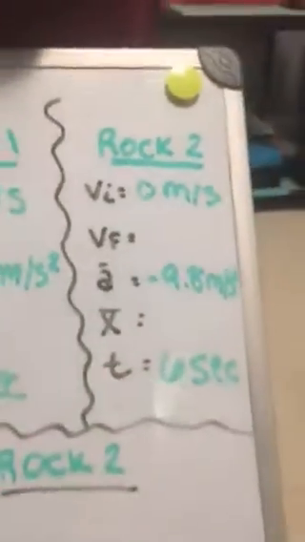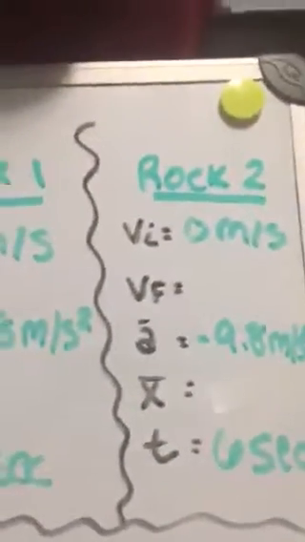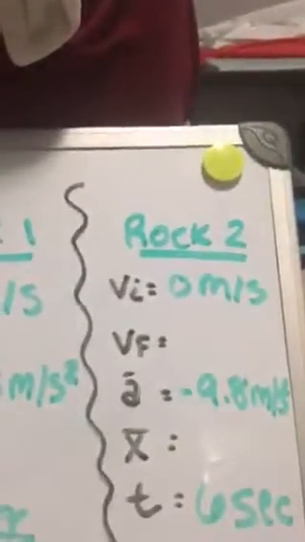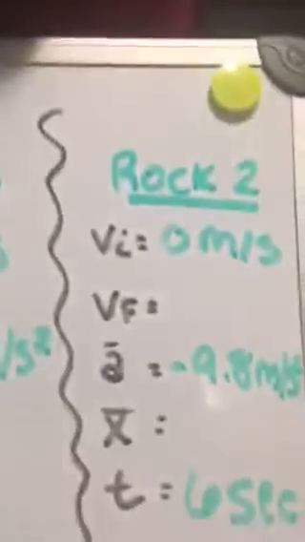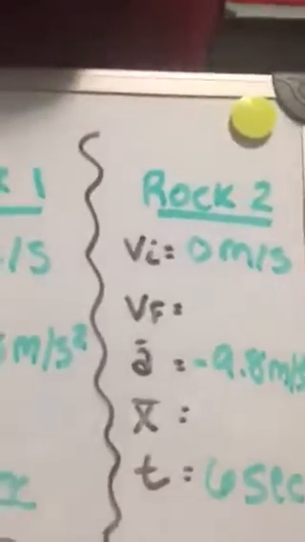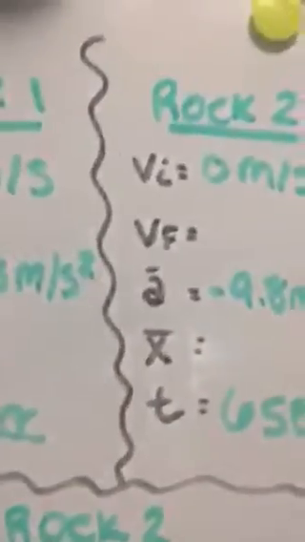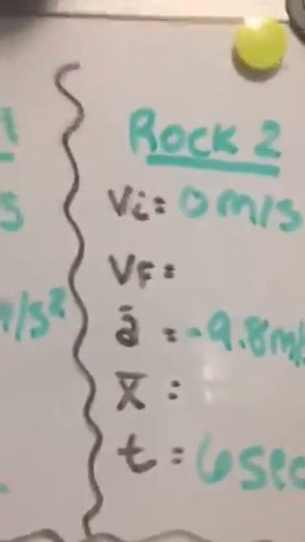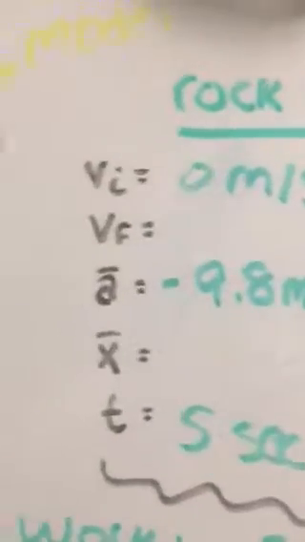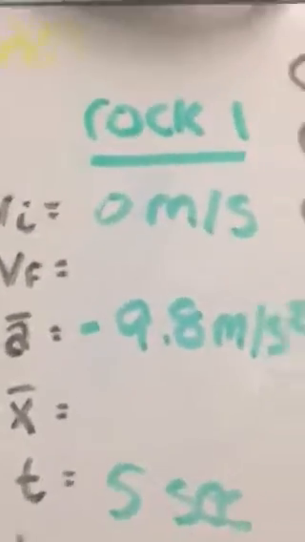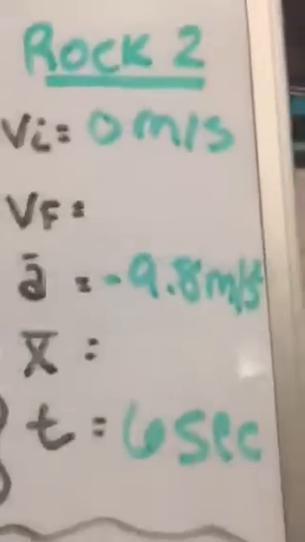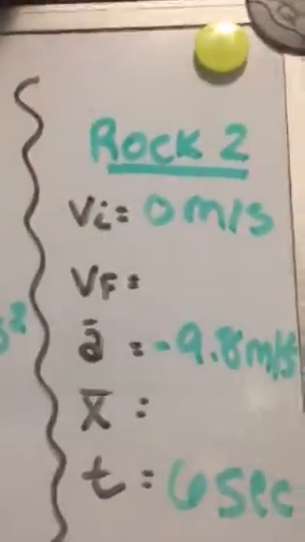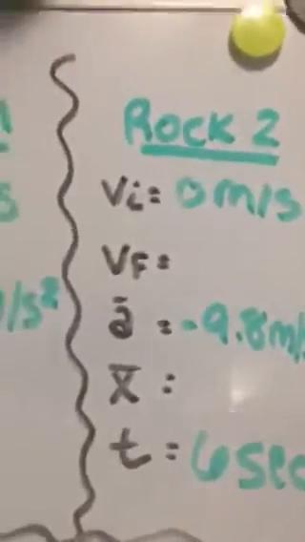It's going to be 6 seconds because it takes 5 seconds until it reaches the ground, and when the second rock is being thrown 1 second after the first rock, it's obviously going to be at a faster rate, a faster speed than the first rock. So we would add 1 to the 5 seconds because it's going faster, and it's going faster by 1 second since it's being thrown 1 second after the first rock.